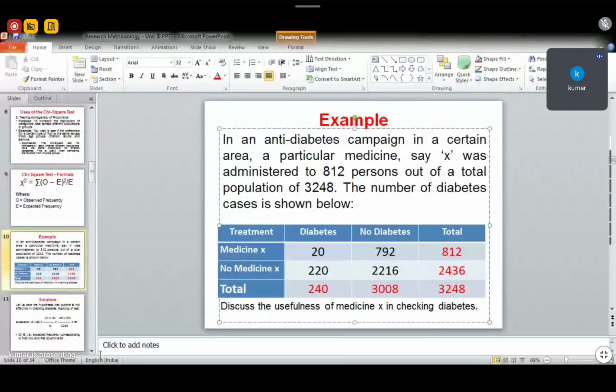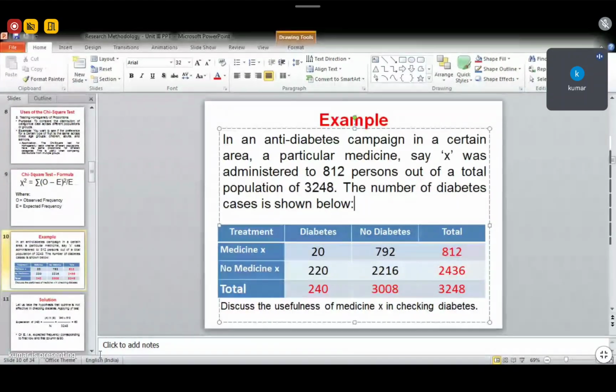Now, another expectation. When you don't administer the medicine, what will happen? They will be affected by the disease. There are two things you have to remember. When you administer the medicine, what is expected is they should not be affected by the disease. When you don't administer the medicine, they should be affected by the disease.